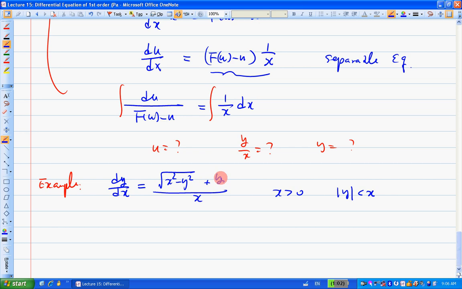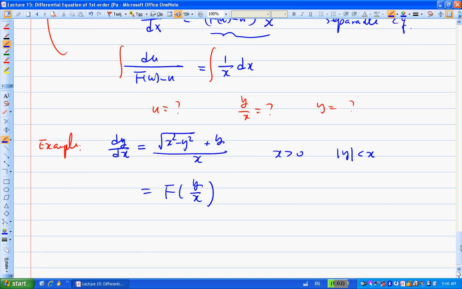Basically, can we write this one into this format here? Can we make it into this format? That's essential here. Once you're able to do this, then you know that you're dealing with a homogeneous equation right here.